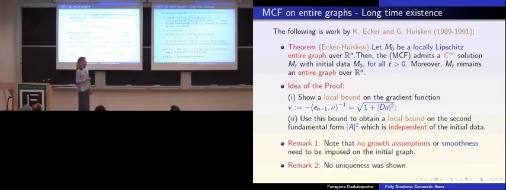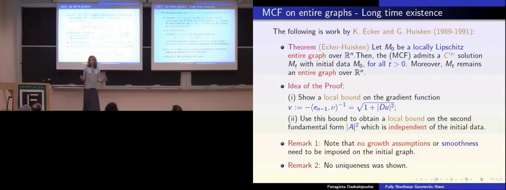If you start with an initial surface which is locally Lipschitz, and it's an entire graph, the fact that it's a graph is a strong enough assumption to guarantee existence for all time of a smooth solution. So it's surprising, because this geometric equation behaves better than the heat equation.